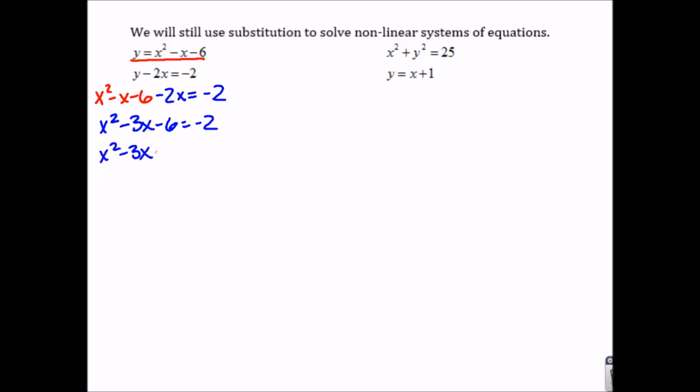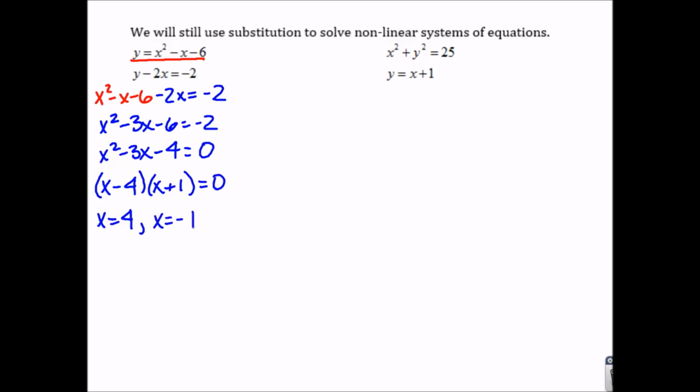Then I'm going to add 2 to both sides. So when I factor this, I need two numbers that multiply to -4 and add up to -3, which are -4 and 1. So then when I solve this, I get x equals 4 and x equals -1.